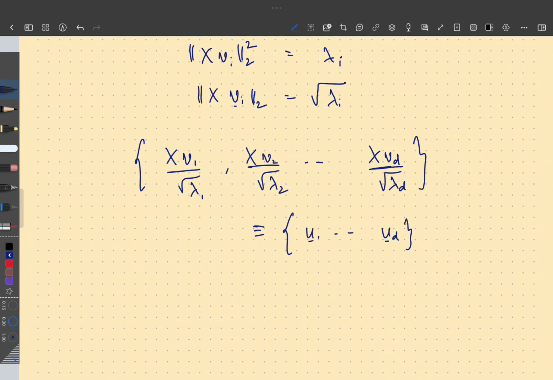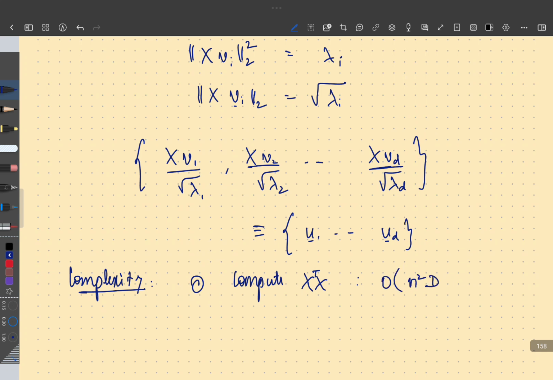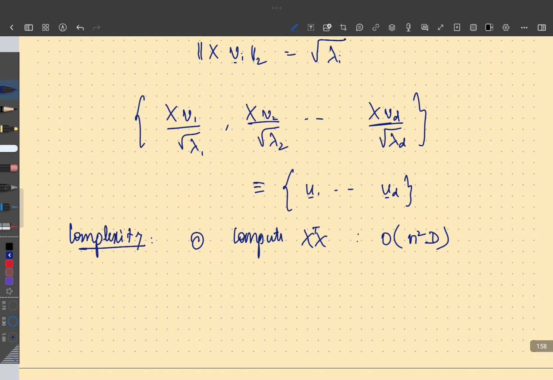But now what is the complexity? First you need to compute X transpose X. What is the complexity? It's order n square d, because X transpose X is an n by n matrix.